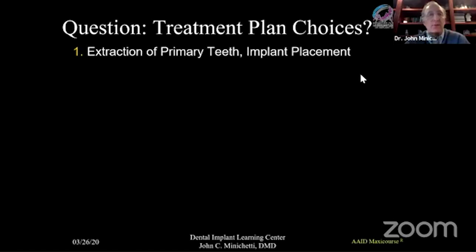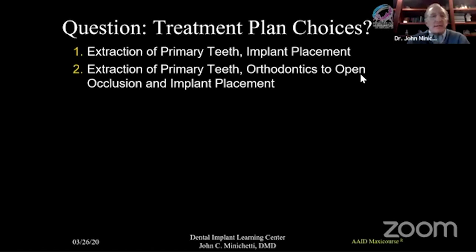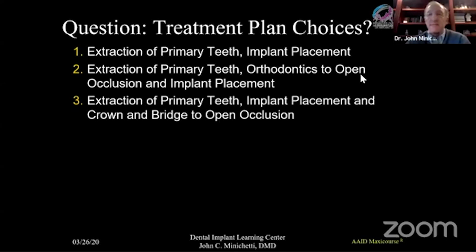If you recall, and we'll look at it again, she's got a super eruption of her lower teeth that's in the way of restoring. Another choice could be extraction of primary teeth and then orthodontics to open up the case. Sometimes those cases are difficult to do. Some of our experienced clinicians, of course, have done these types of cases. That's ideal, although she's got a lot of malformed teeth that comes into play.